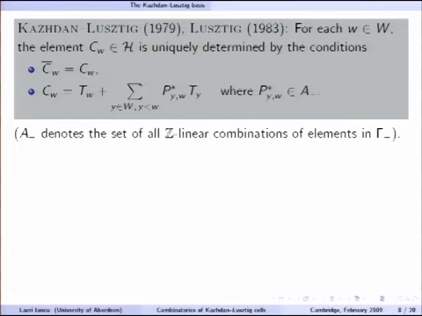So in other terms, the transition matrix is unitriangular.